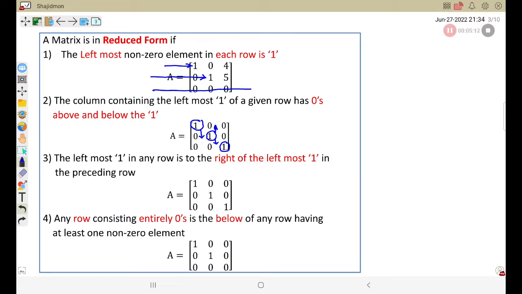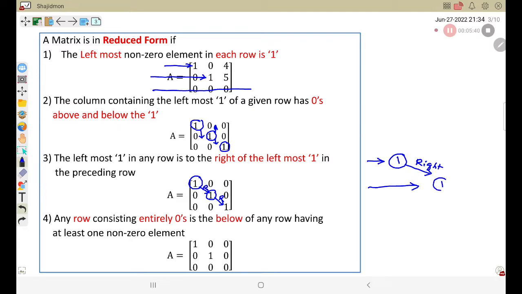Now the third one: the leftmost 1 in any row is to the right of the leftmost 1 in the preceding row. That means here the 1 comes, and the next row's 1 should be on the right side of this number. This is the meaning of the third property: the leftmost 1 in the next row should be to the right of this one.